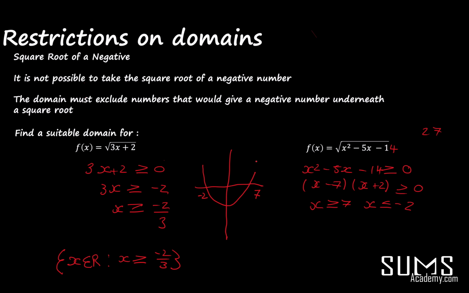Well, it's going to be greater than 0 when x is bigger than 7. For all these values here, it's positive, positive, positive. And for all the values less than negative 2, it's going to be positive. But all the values in between are going to be negative. This is quite often an exam question, and often it helps to draw a bit of a sketch.